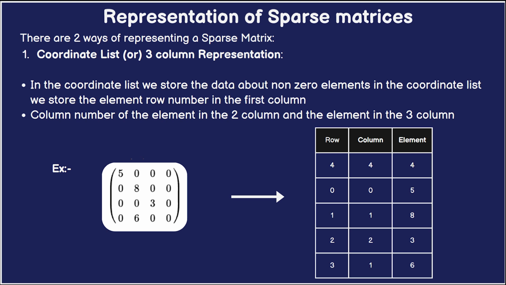From the second row, we store the data of the non-zero elements. The first entry represents the row number of the element, the second entry represents the column number, and the third column represents the element present at that particular position. In this way, we store the entire matrix in the form of a 2D array.